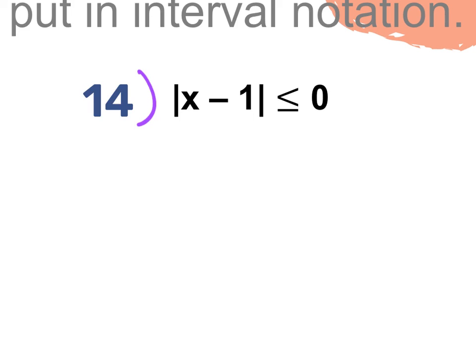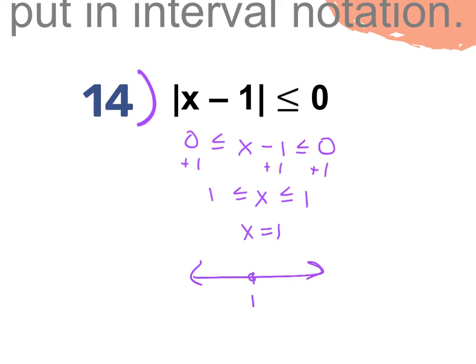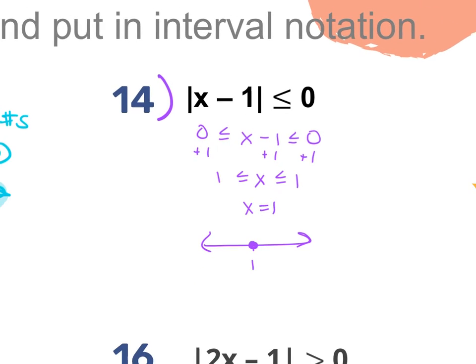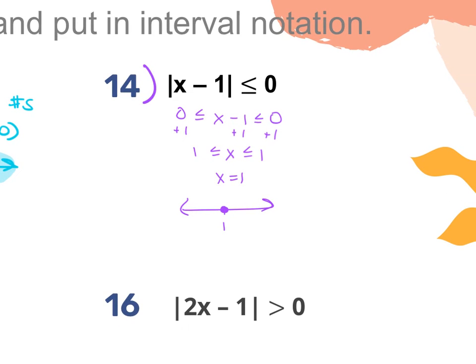Or less than would be and, put the 0 here, because there's no such thing as plus or minus 0, add the 1. 1 less than or equal to x, which is less than or equal to 1. It can't be less than or greater than, but it can be equal to 1. So this actually would just have a solid dot on the number 1. And my answer would just be 1.